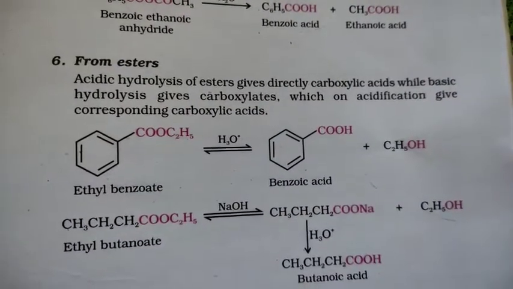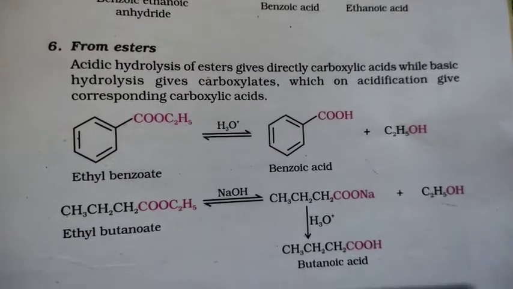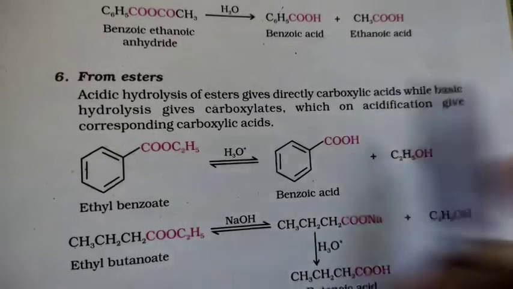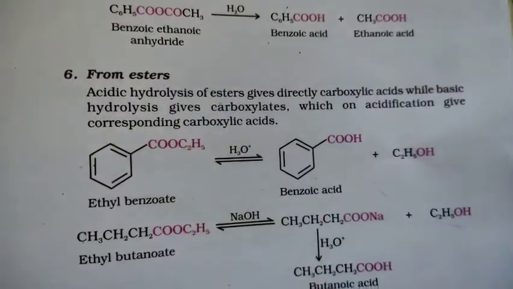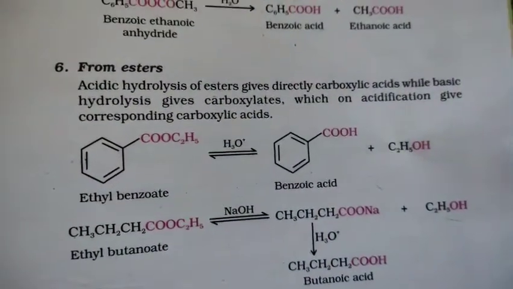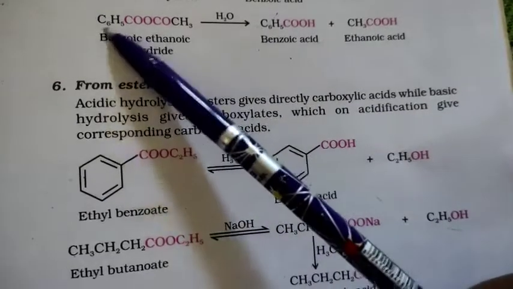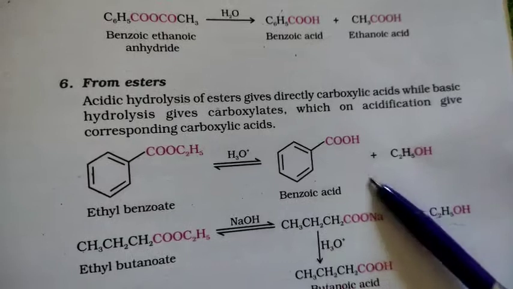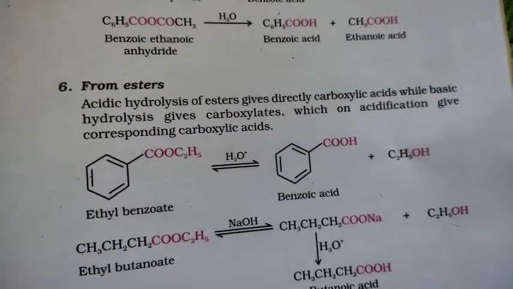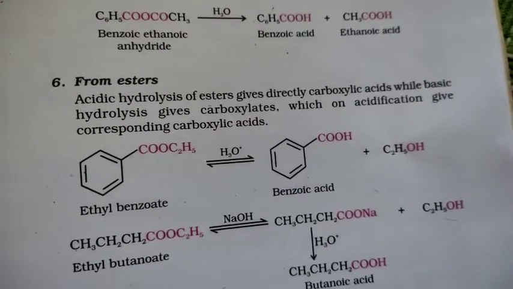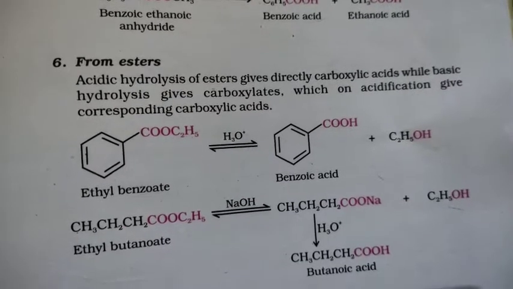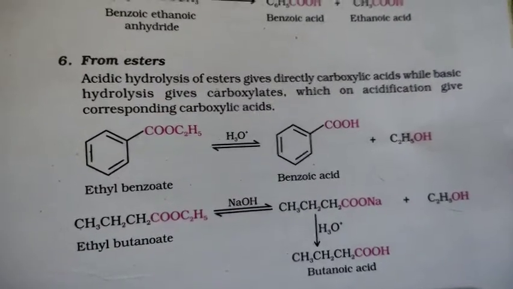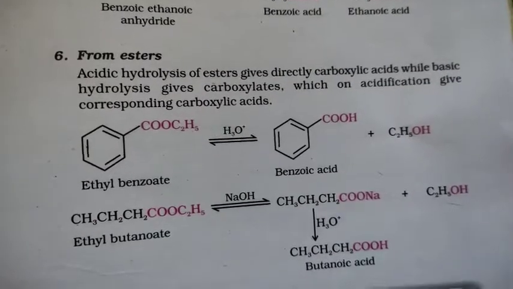Now the preparation of carboxylic acid from ester can be done using the same methodology as for anhydride. The same mechanism is followed, but the difference is that in the anhydride both the parts are converted into acid, but here one part is converted to alcohol and the other one is the major compound, that is the benzoic acid. The alcoholic part will be the byproduct or the minor product.